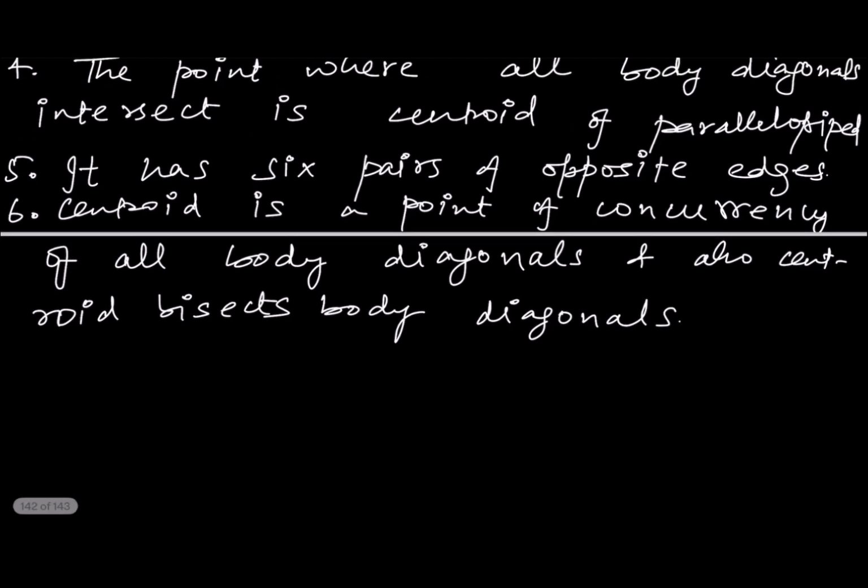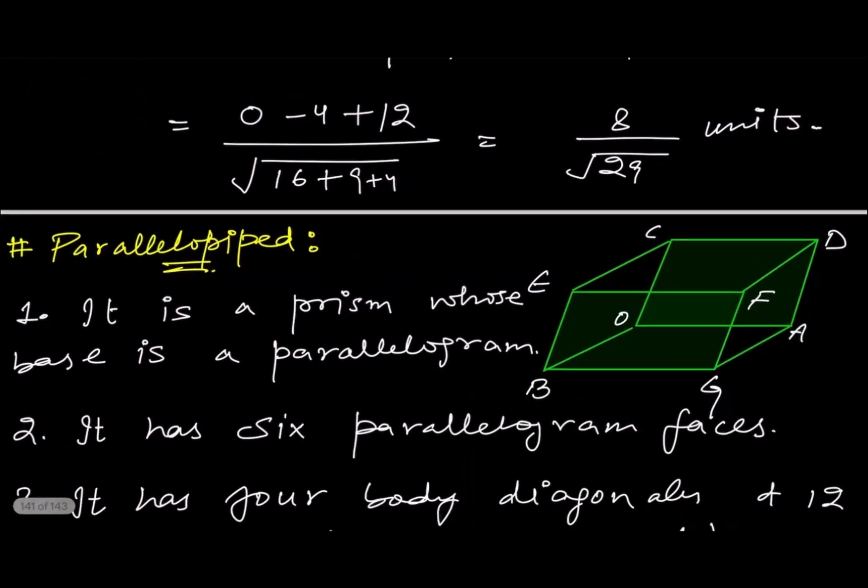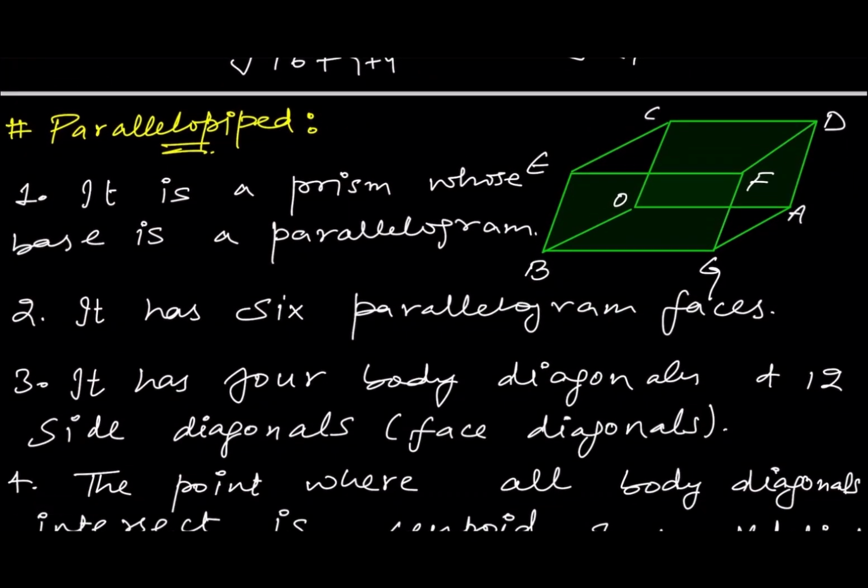Now what I am saying in point 5, point 6, let us understand. There are 4 body diagonals. One is OF, one is BD, one is CG, and one is EA.